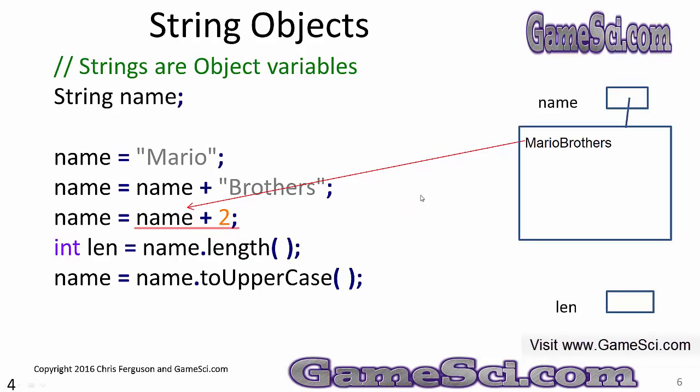Currently in the string object, we have the text Mario Brothers. So Mario Brothers will be the left operand, and I will concatenate a 2 onto Mario Brothers. And you'll see, because of the assignment operator to the variable name, that we have now changed the contents of the name variable to Mario Brothers 2.